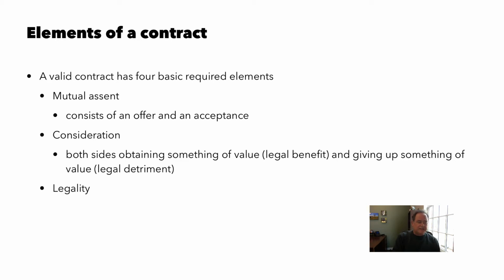Now, the next element is legality. The purpose of the contract must be legal. We are not allowed to contract for illegal purposes. A valid contract requires that there be a legal purpose as the goal of the contract. So I cannot enter into a contract with you to burn my neighbor's house down.